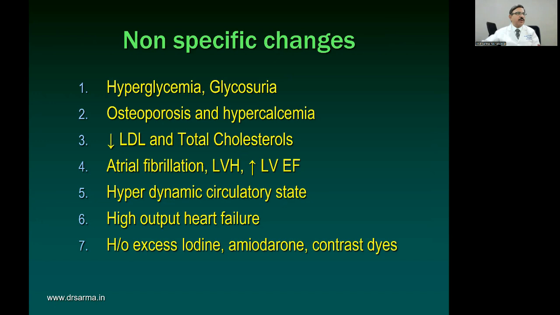Normally, it should be around 50 to 60%. This fellow, because of forceful contraction, will get 70% ejection fraction. That is higher. And then hyperdynamic circulatory state, that means you have wide pulse pressure, tachycardia, high output heart failure. A history of excess iodine, amiodarone, or contrast dyes may also be there.